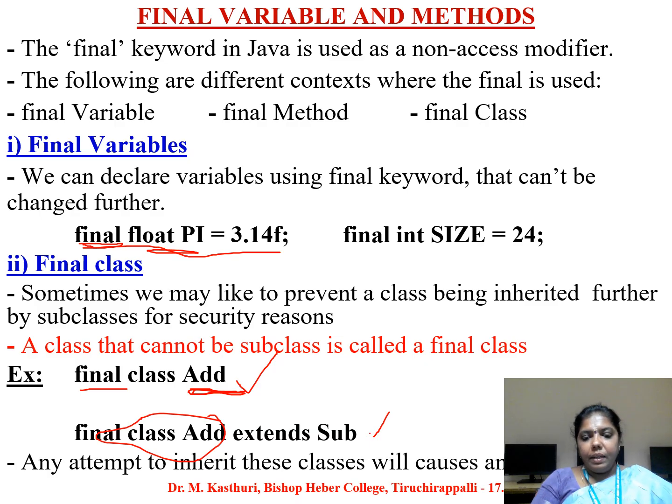That is why this particular line invokes errors. If it is a final variable, final class or final method, further you cannot change the information available in these items.